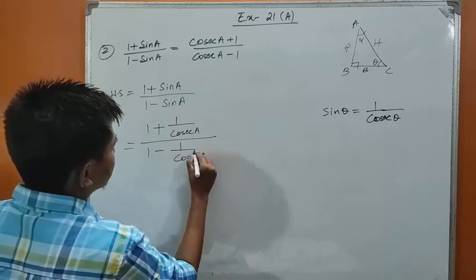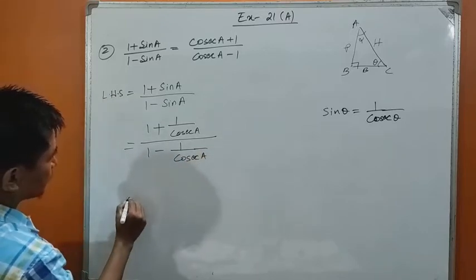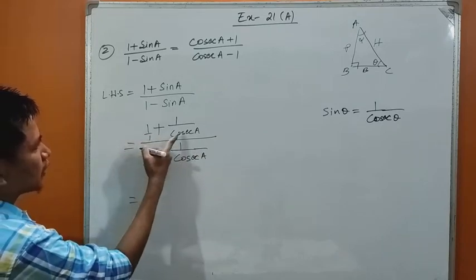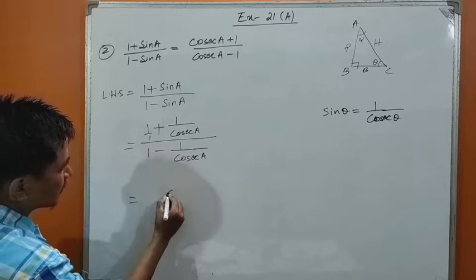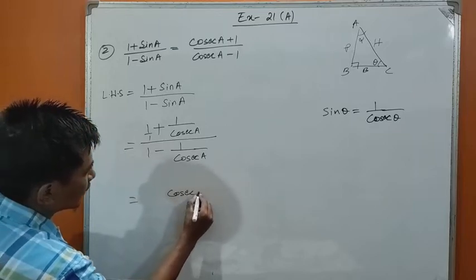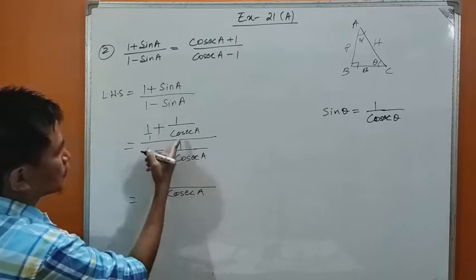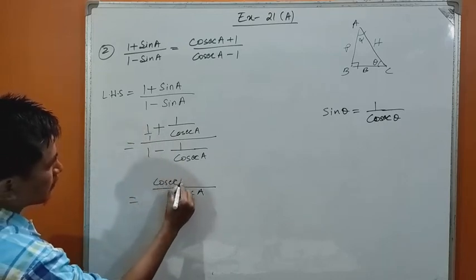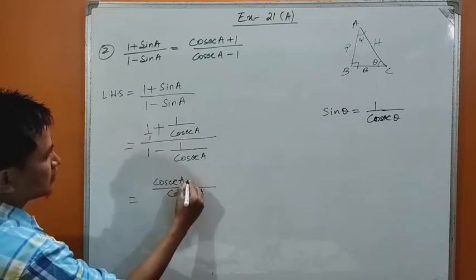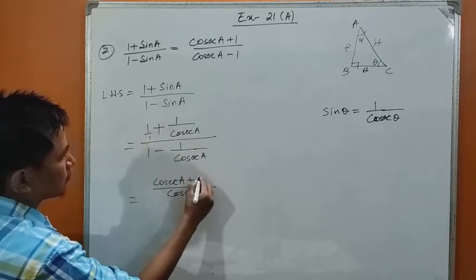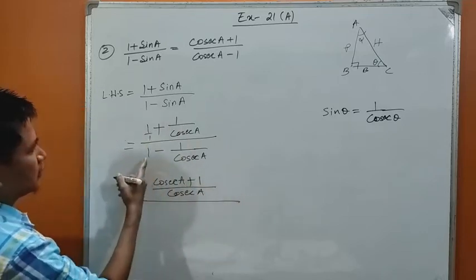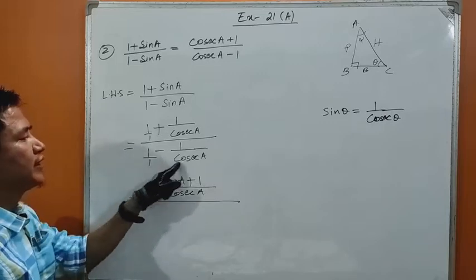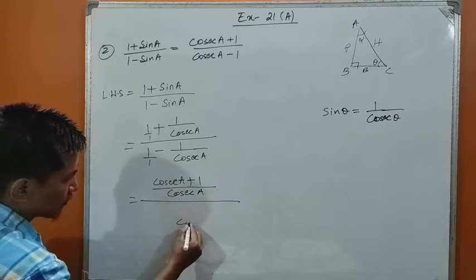So here we have 1, so let us take the LCM of 1 and cosec a. The LCM will be cosec a. So cosec a into 1 is cosec a plus 1 into 1 is 1, whole upon, here also we can assume 1 and take the LCM of 1 and cosec a, which will be cosec a.